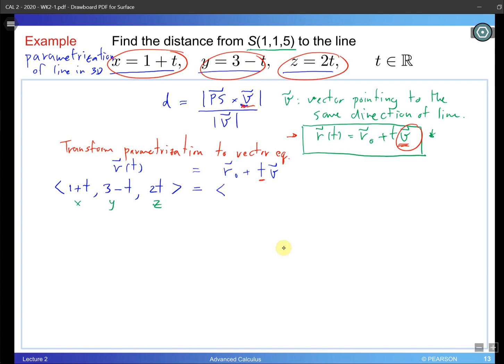For the first component, that would be 1, so I'm going to put 1 here for r0. For the next component, the term that doesn't have t is this 3. So the second component is 3. For the next one, the term that doesn't have t, there is nothing, so I'm going to put 0.